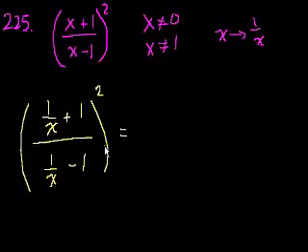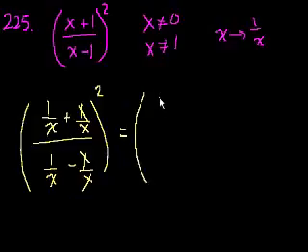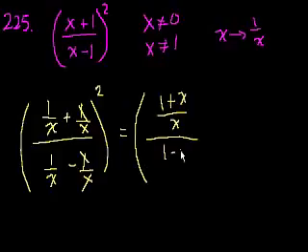And that equals, let's see, this is the same thing as 1 over x plus x over x, because 1 is the same thing as x over x. And this one is the same thing as x over x. So then this equals (1 plus x over x over 1 minus x over x), everything squared.